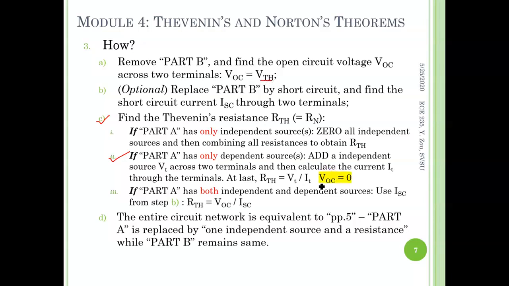The answer is VTH is just 0. No open circuit voltage. Then the Thevenin equivalent circuit is just one equivalent resistance, RTH, without independent source. Also, the case 3 method obviously works for case 1 as well, because case 3 is the more generalized case.